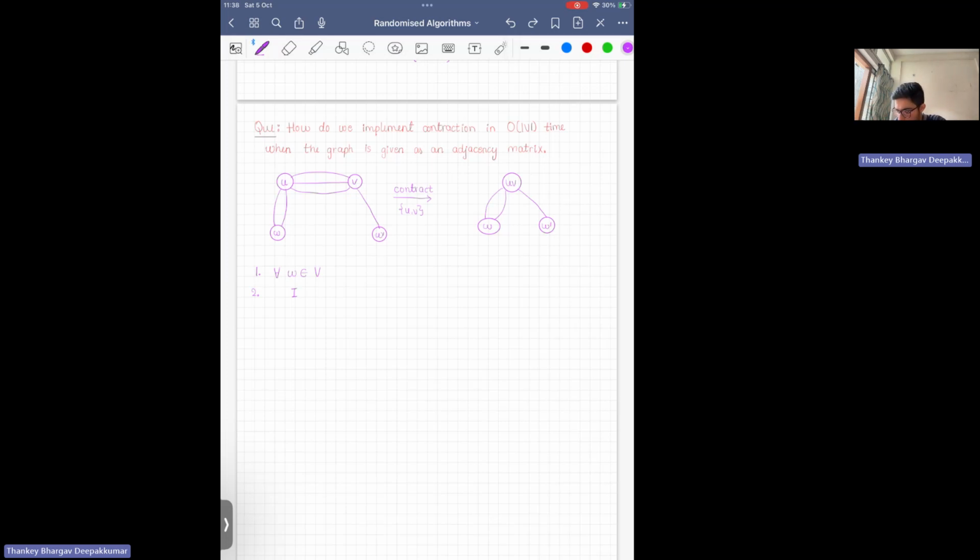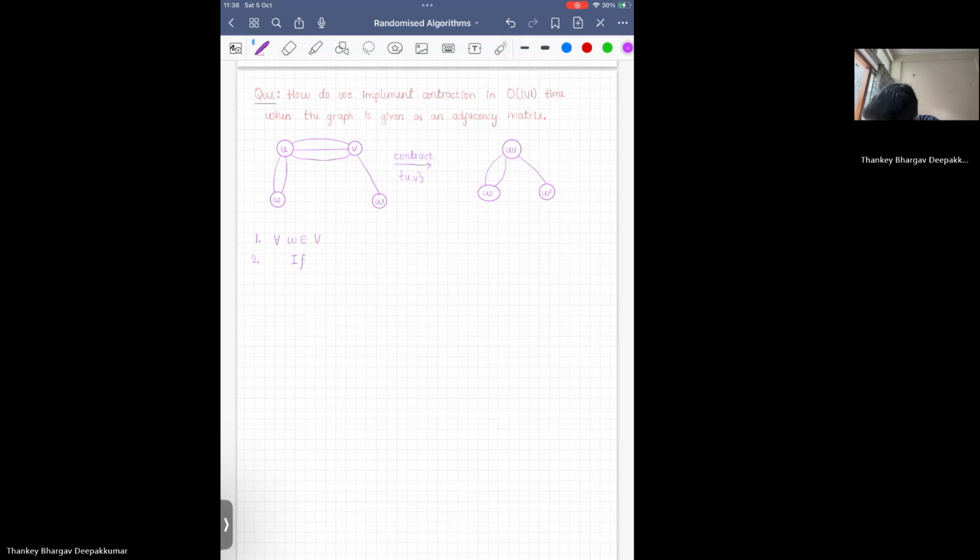So if M of V comma W is equal to k, not equal to 0, so there is an edge, then what we'll do is M of U comma W becomes M of U comma W plus M of V comma W. And recall that we assume that the graph is undirected, so this matrix is symmetric.